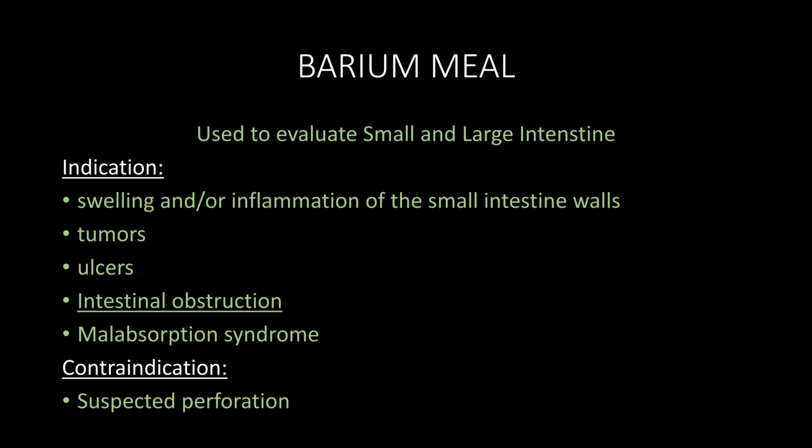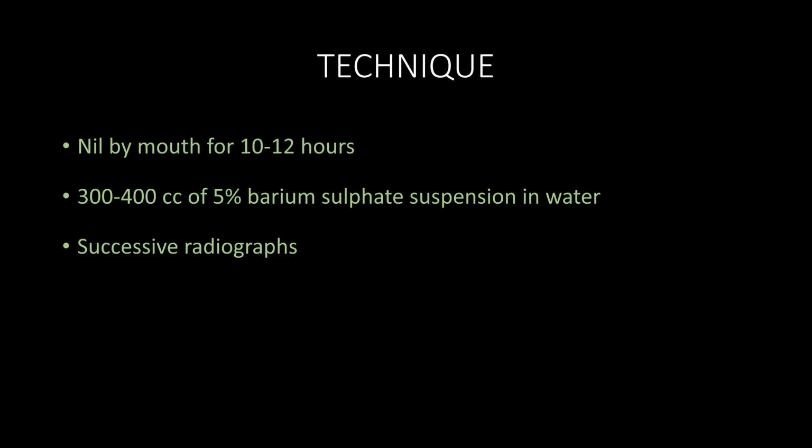Barium meal is generally used to evaluate the small and large intestine. In barium meal, the patient is kept nil by mouth for 10 to 12 hours. Then on the day of the procedure, 300 to 400 milliliters of 5% barium sulfate suspension in water is given to the patient, and successive radiographs are taken.